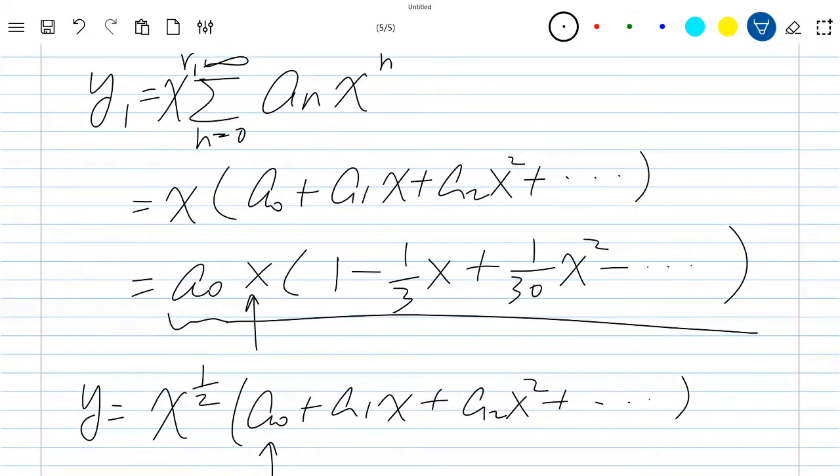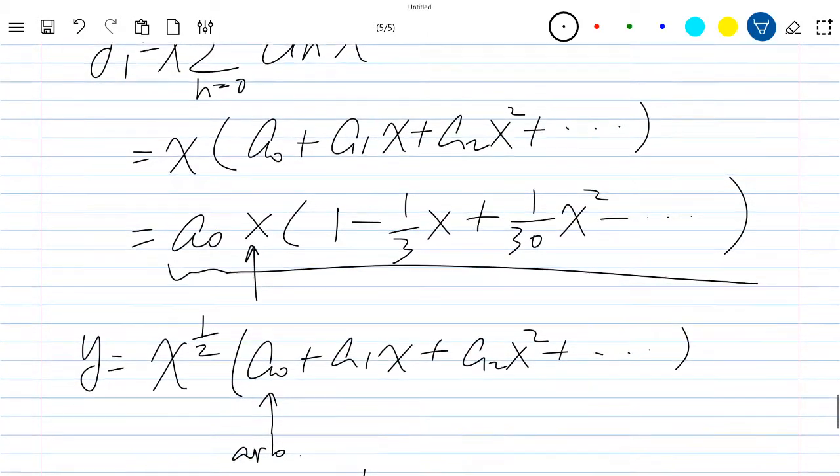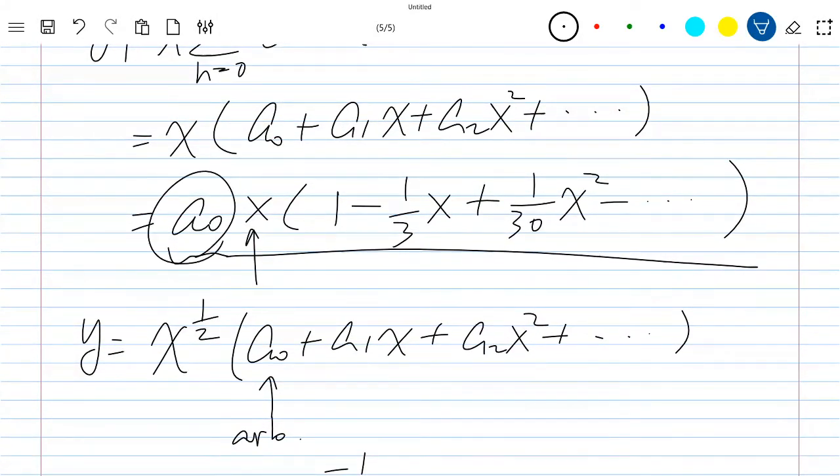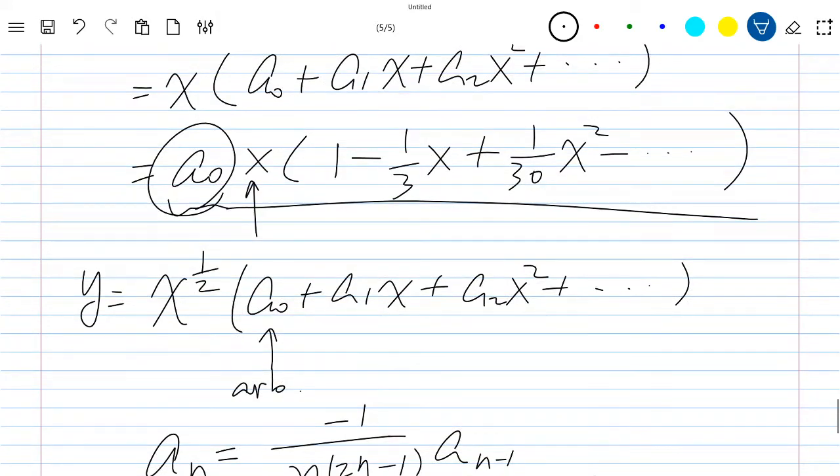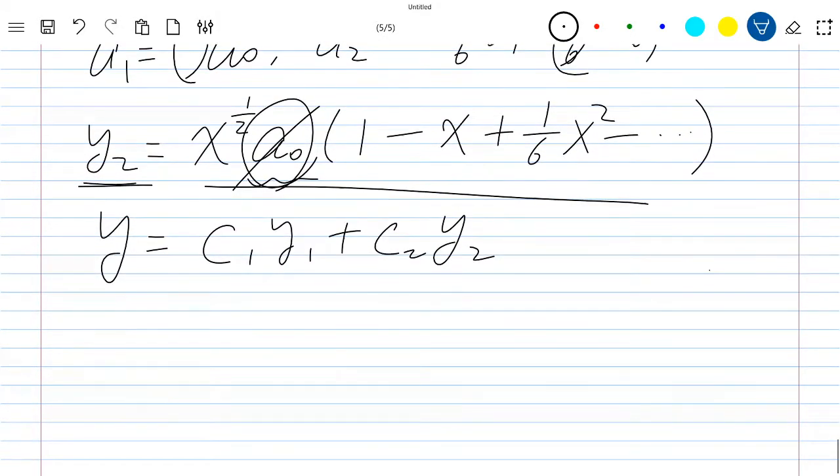Although they are both a0, they are totally independent. So still, you can say this is your c1, that's your c2. Or you can say, I don't want to call them part of the solution. I can say this is just 1. So that's your y2, and that's your y1. You know, they're equivalent. So just get your solutions and combine them like that.